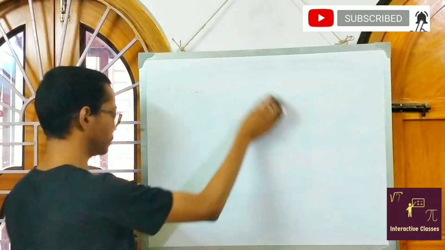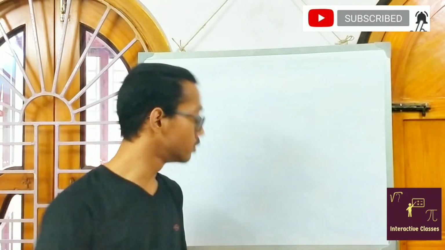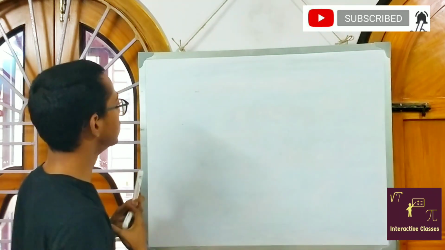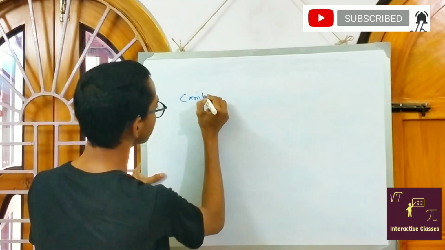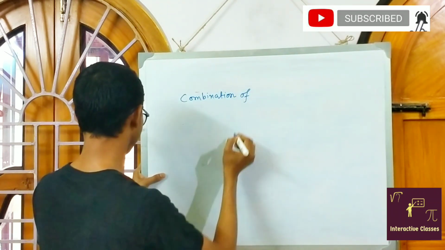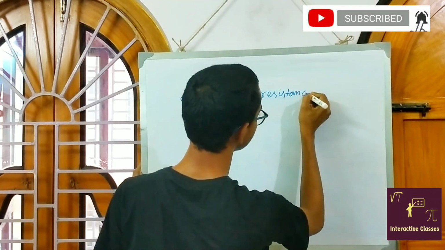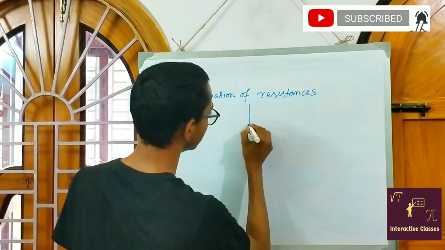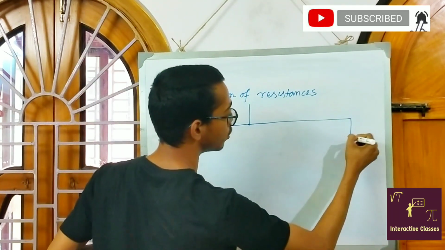Now we will study the various combinations of resistors. There are basically two combinations possible with resistances.